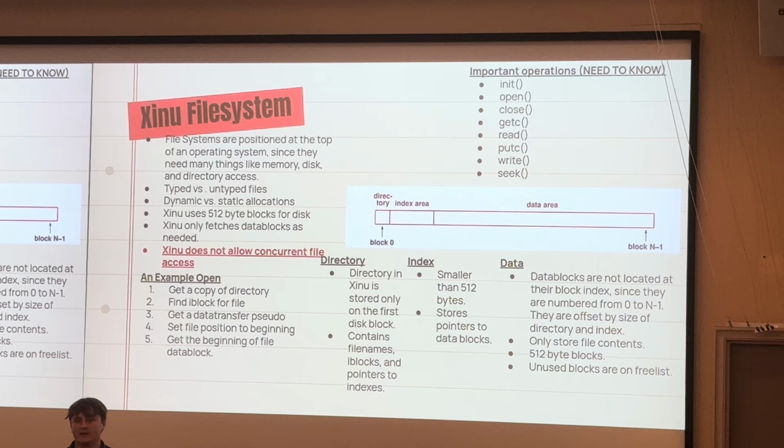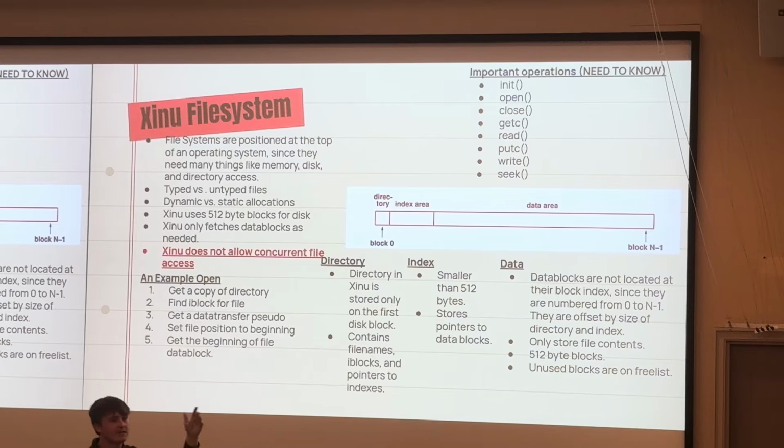You can't do that in Xenu, just because the directory is one block, and every single thing that you will ever create on Xenu, if you do LS, it's going to be right there. And then they build off of each other. So if you want to get something from the directory block, it takes you first to the index blocks.